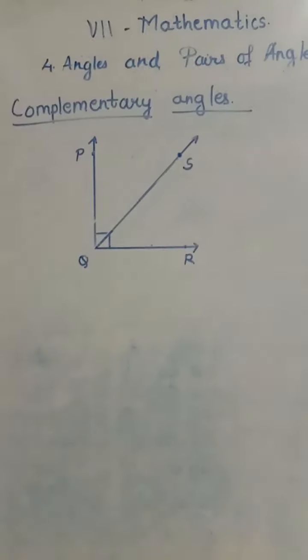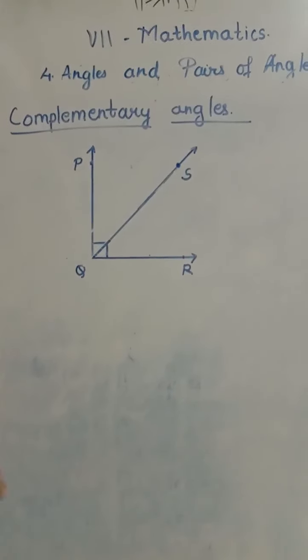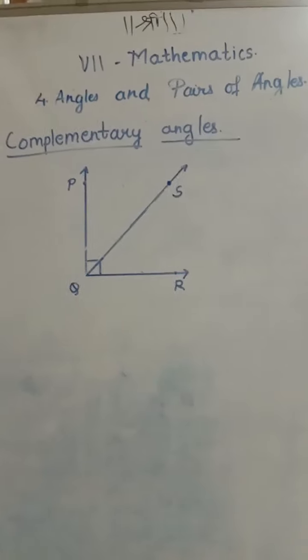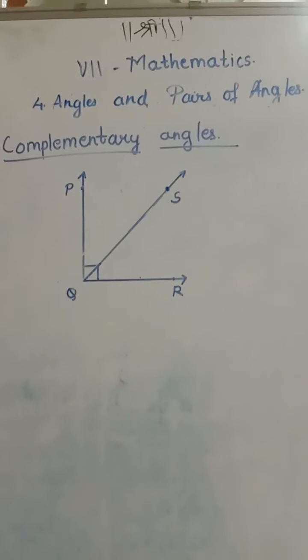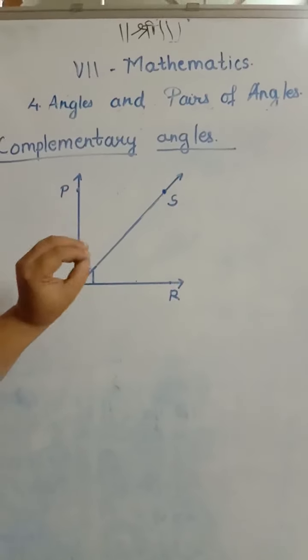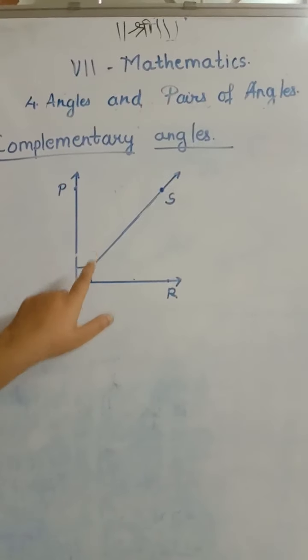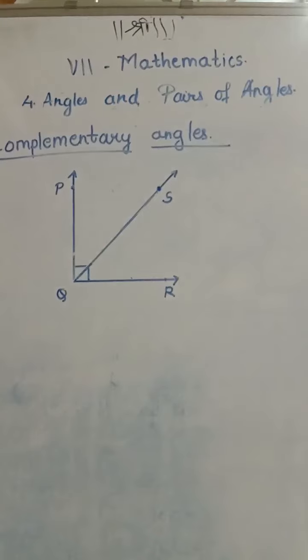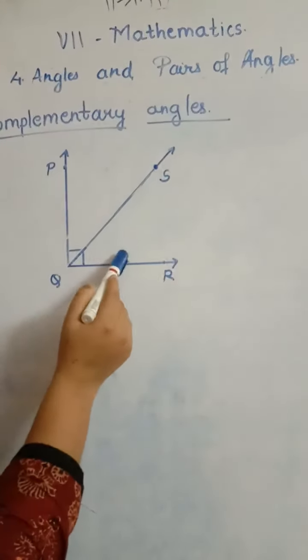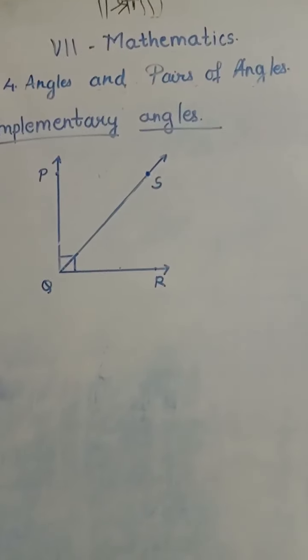Now if you keep a protractor on this, this angle will have a certain measurement. I think it is 45 and 45, because the corner only it has gone. So this angle will be 45 and this will also be 45.